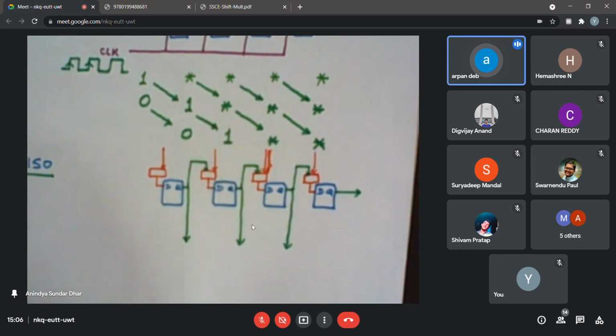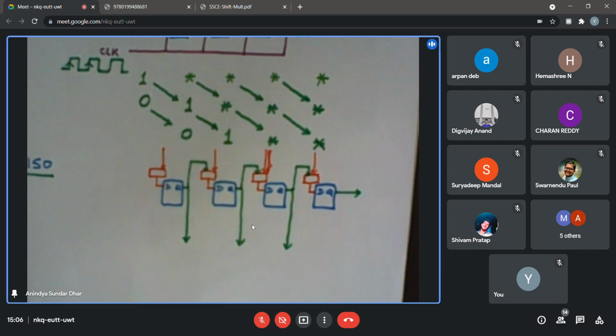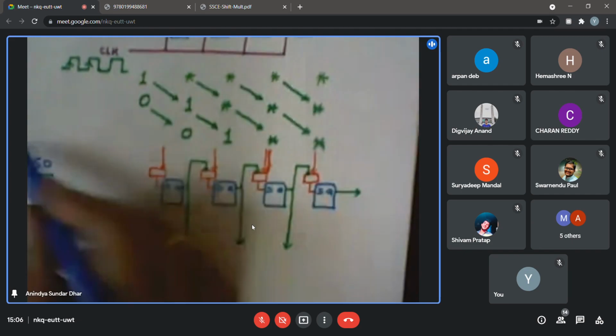Sir, where is the select line of the multiplexer connected? Okay, select line, whatever we have been discussing so far. Can you tell me where it should really be connected? It is essentially a control input. So I may put a border over here.